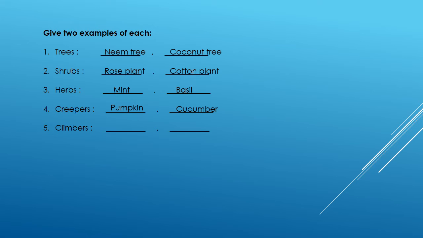Two examples of creepers are pumpkin and cucumber. Fifth, climbers. Two examples of climbers are money plant and grapevine.